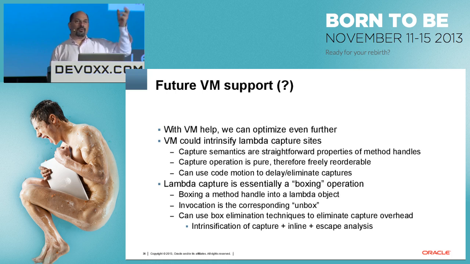And then if you're passing a lambda into some method, if you inline through it, you move the box and unbox closer to each other, you do some escape analysis on the box, you say it's non-escaping, you can eliminate the boxing entirely. Right? So this is a relatively small piece on top of optimizations that the VM already does that would unleash some really powerful additional optimizations, on top of the fact that, as I've said, it's already faster than inner classes. I have to keep saying that.